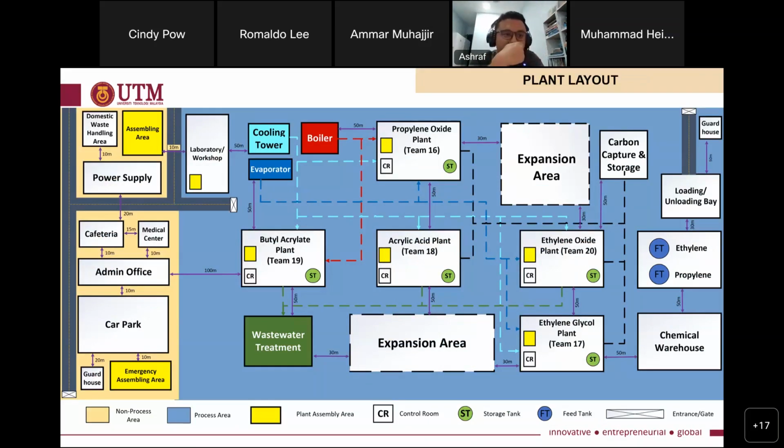For a complex this big, normally you should also include your own fire water tank, your firefighting system, your own ERT system. Yeah, I think we missed the fire station while editing the layout. Yep, just take note on this.